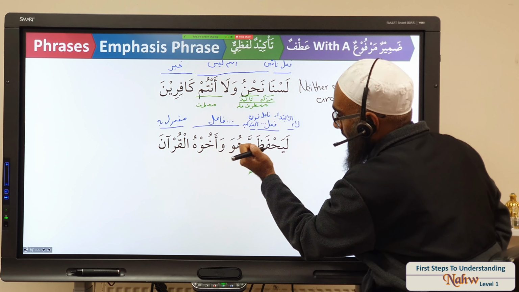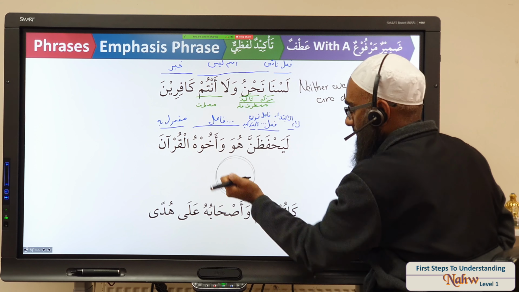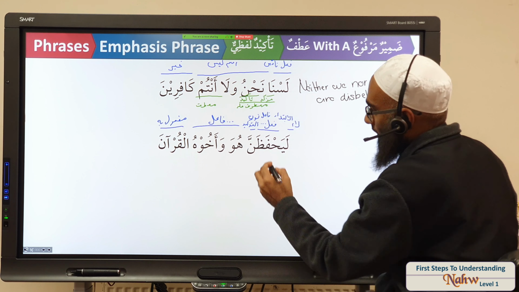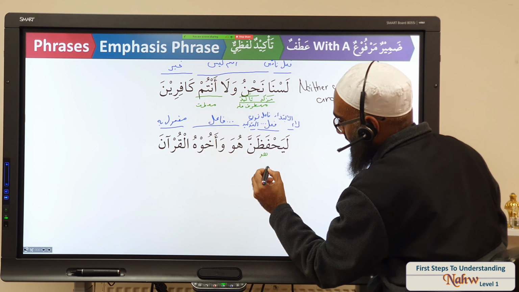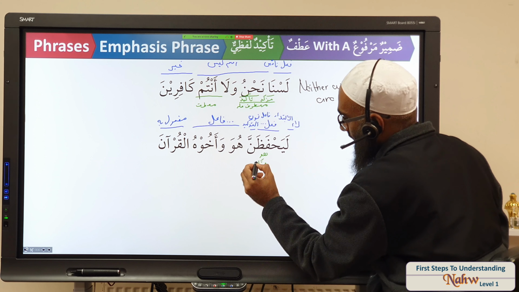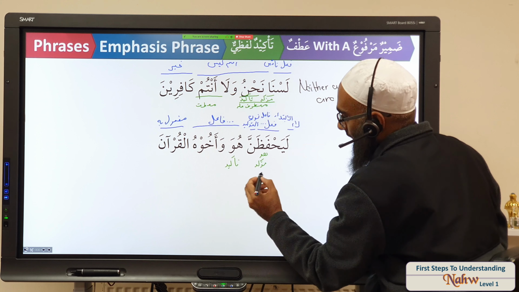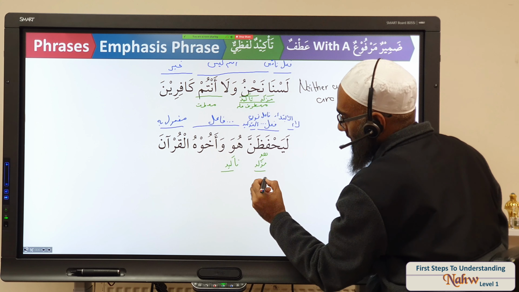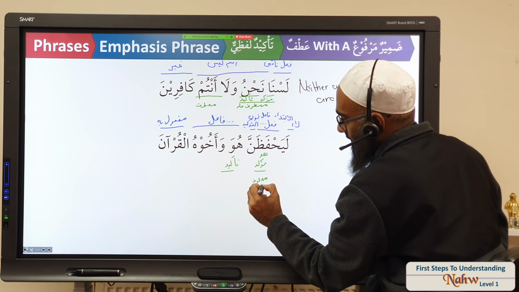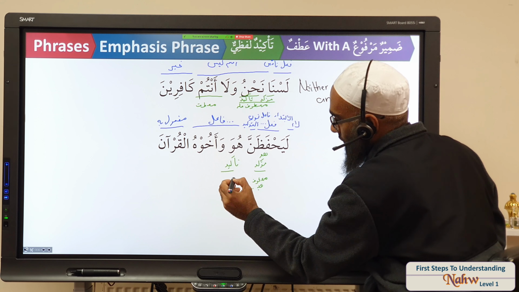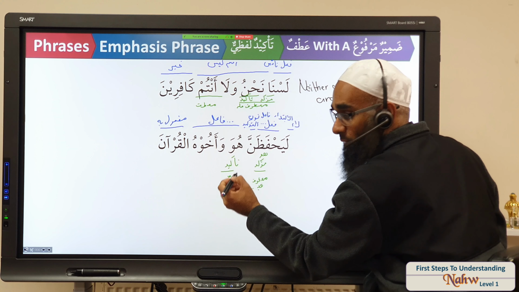And then, the huwa in here is what? The huwa in here is mu'akkad. This huwa is ta'keed. And then obviously separated, but it becomes ma'tuf alayh here, and it also continues across here as ma'tuf alayh, because the noon comes in between, isn't it?